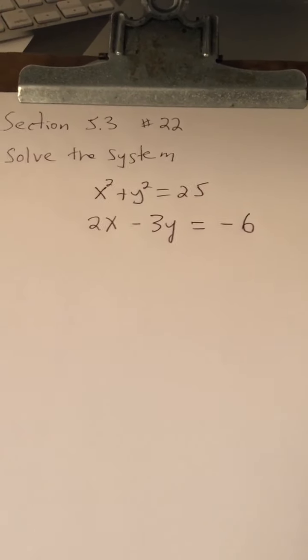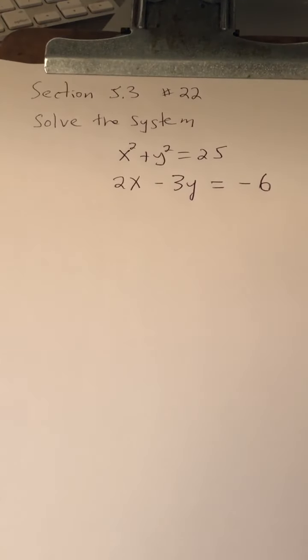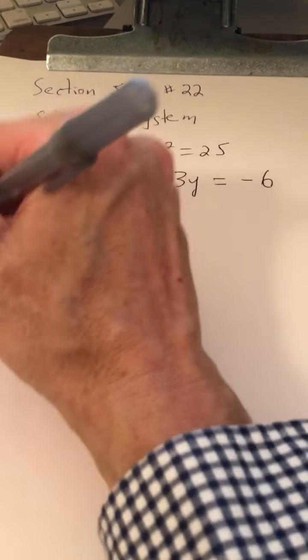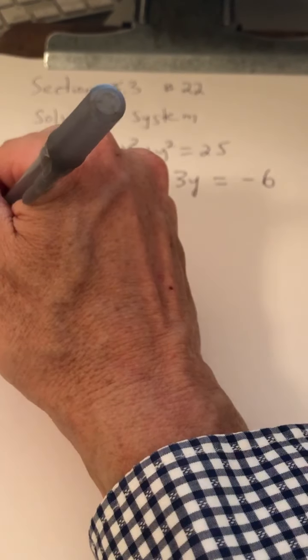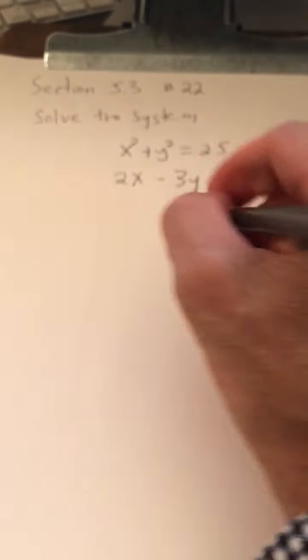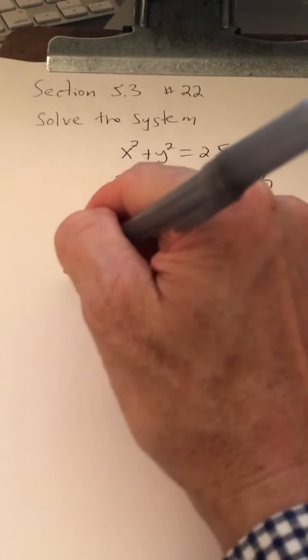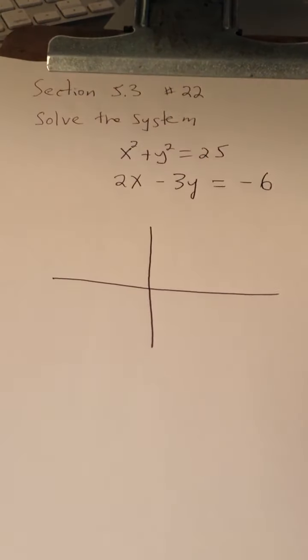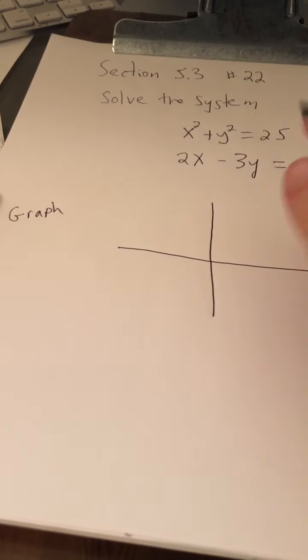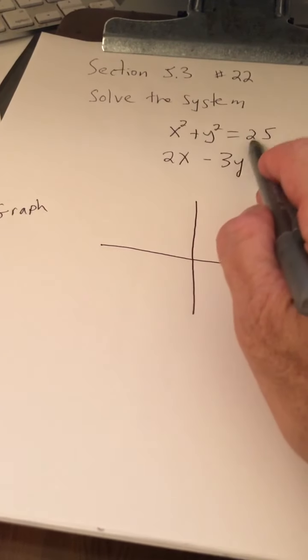So we're actually going to solve this algebraically, but what I want to do is sketch a quick graph that'll help us get an idea of what to expect. The graph doesn't have to be perfect, but let's see, x squared plus y squared equals 25.